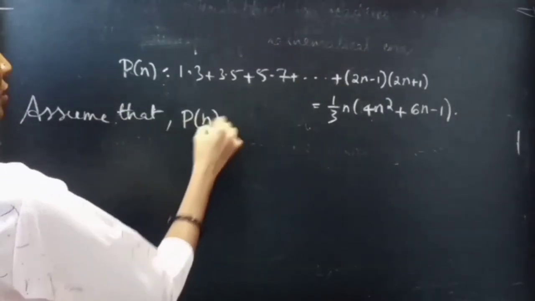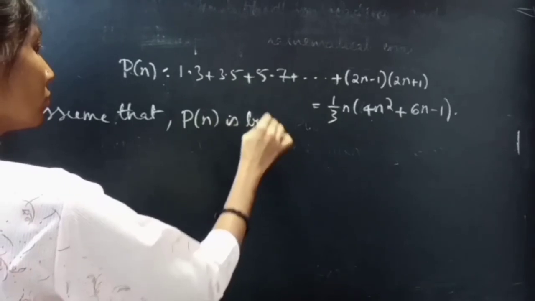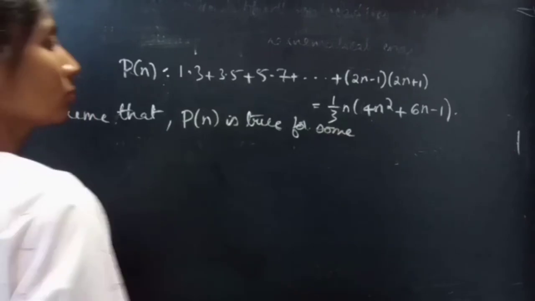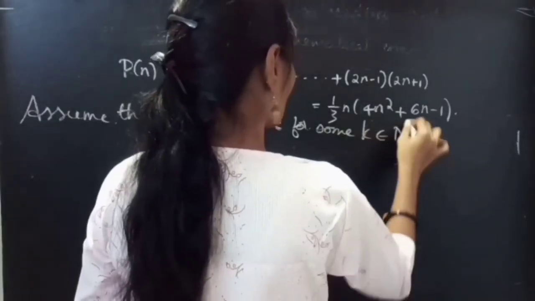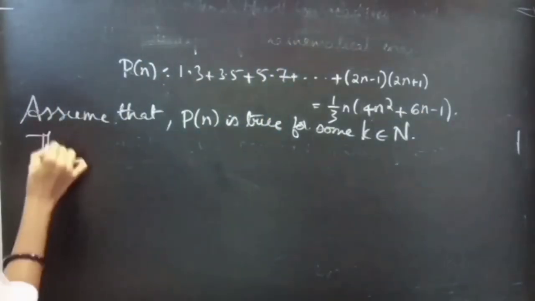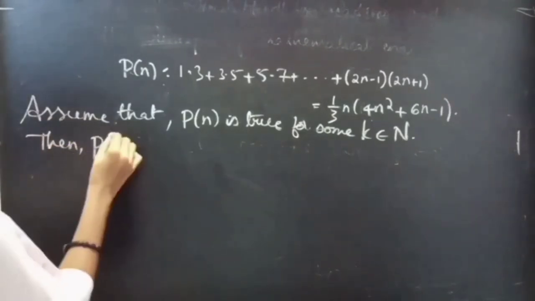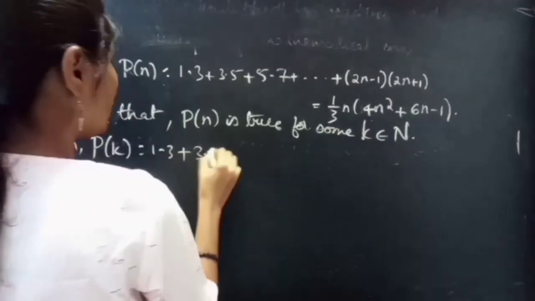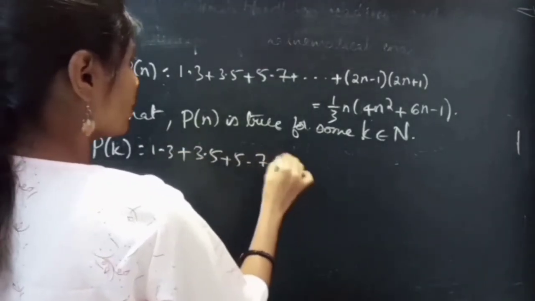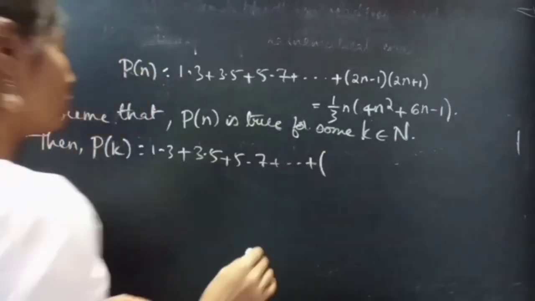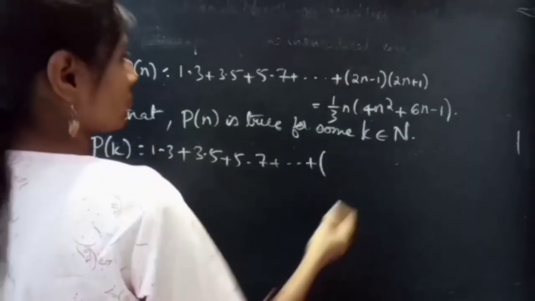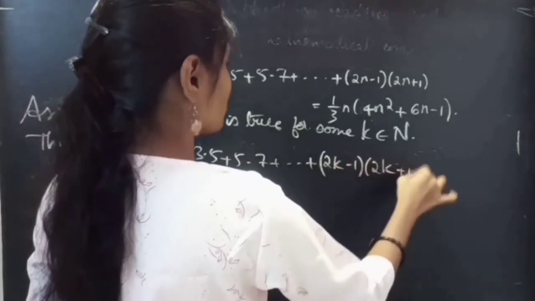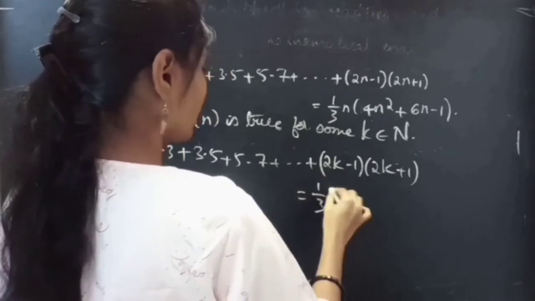P of n is true for some k belonging to natural numbers. Then P of k is such that 1 into 3 plus 3 into 5 plus 5 into 7 plus so on, plus we'll simply take the first k terms, 2k minus 1 into 2k plus 1, is equal to 1 by 3 into k.